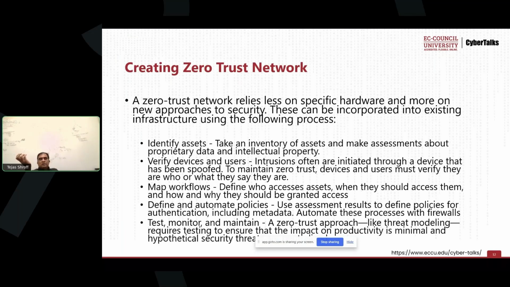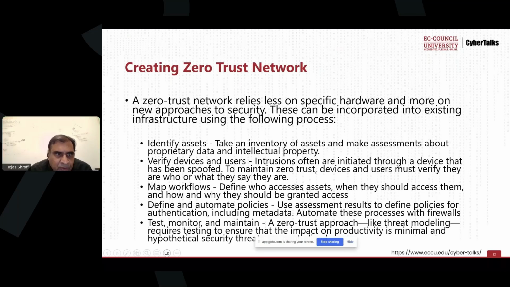So zero trust approach will definitely help you by looking at the threats in a holistic manner, and it will allow you to say, hey, I have identified XYZ threats and these threats need to be addressed, and threat modeling will help you address those threats.